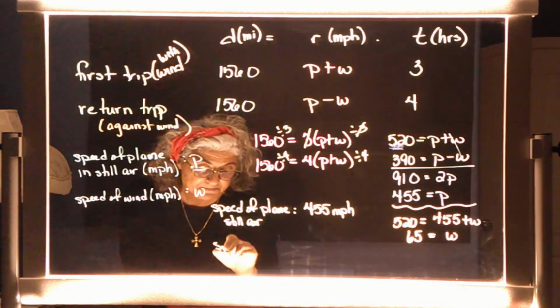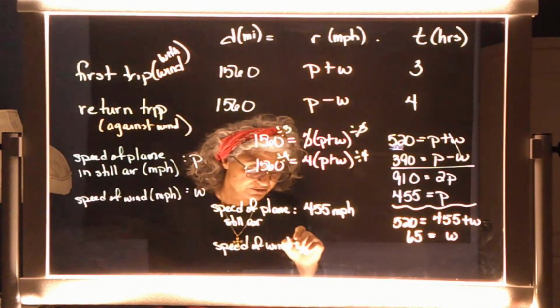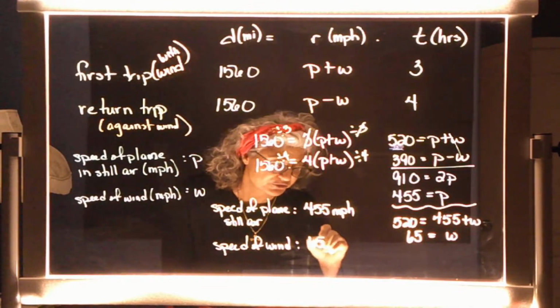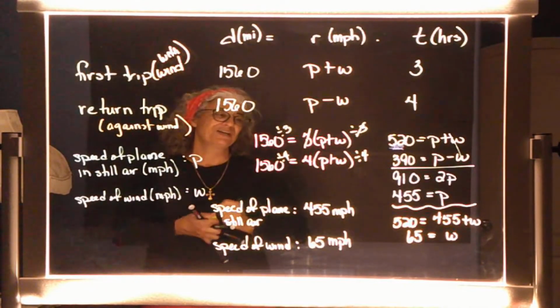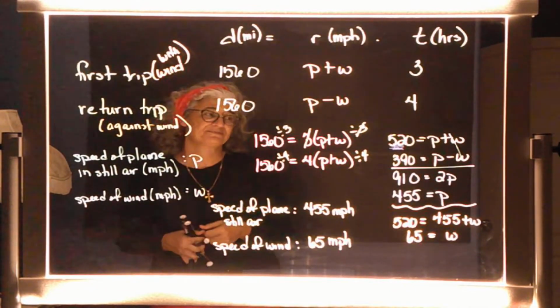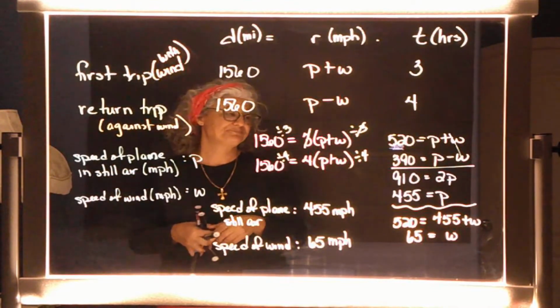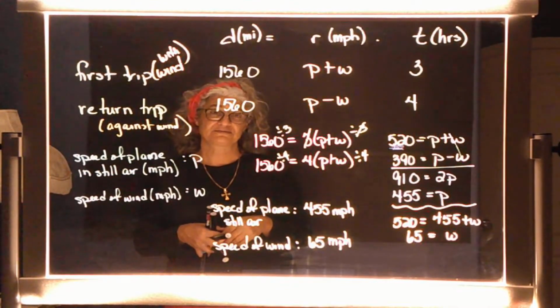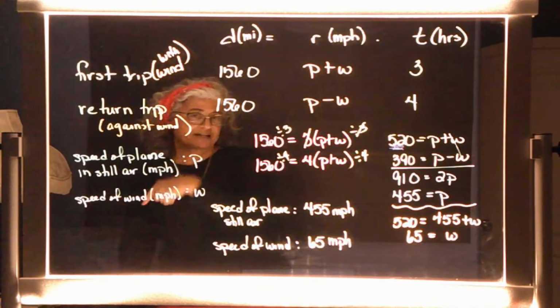And then the speed of the wind is 65 miles per hour, isn't it? That's a pretty strong wind. But we did everything correctly, right? Divided both sides. We did everything correctly. So be it. Good?